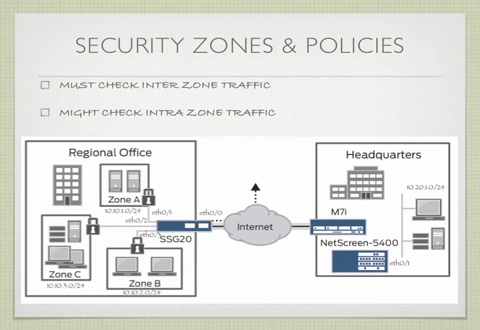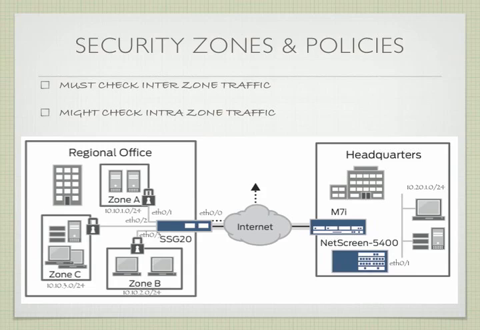So if you have intra-zone traffic that you want to apply rules to, you need to make sure that the traffic must transit the firewall to occur. So for example, in this setup here, you have a headquarters zone, 10.20.10.24.